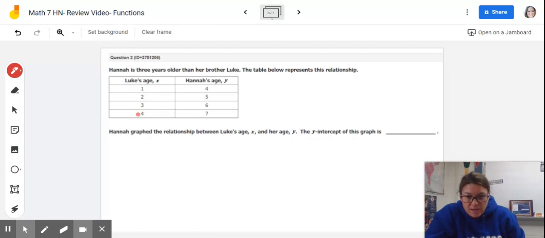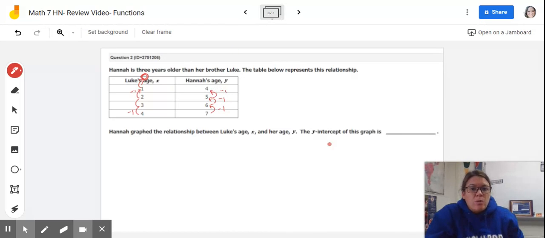So right now I can see that the x's, if I'm moving this way, they go down 1 each time. Down 1, down 1, down 1. So I need to go down 1 more to get to 0. Now let me figure out what the relationship over here is doing. It looks pretty easy on this side too. It looks like this is also going down 1 and down 1 and down 1.